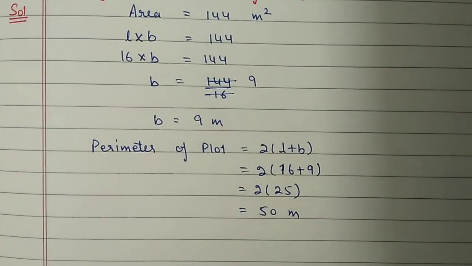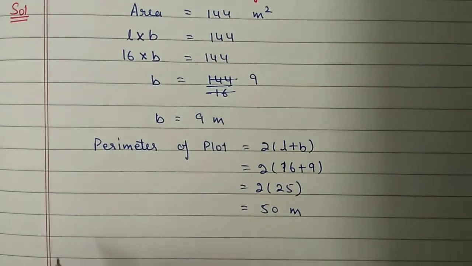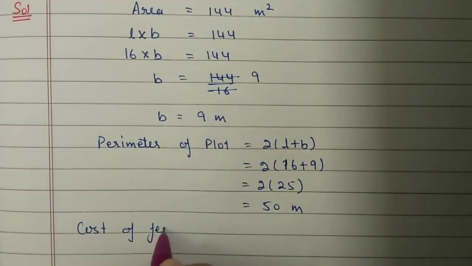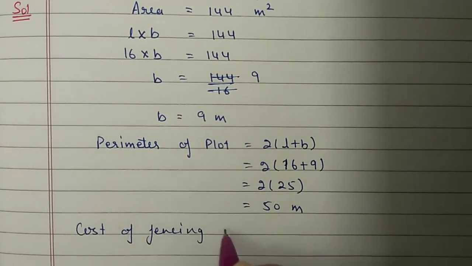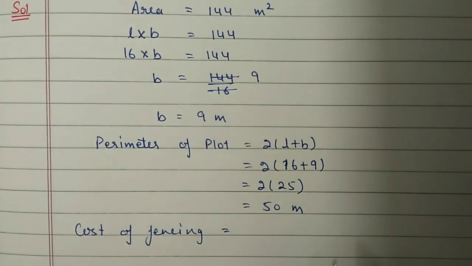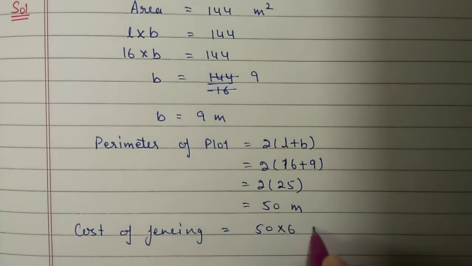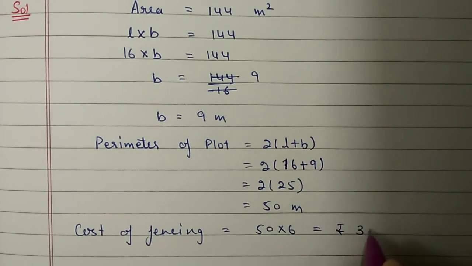So perimeter is 50 meter. Cost of fencing will be: for 1 meter we have to pay 6 rupees. So for 50 meter we have to pay 50 into 6, which is equal to 300 rupees.